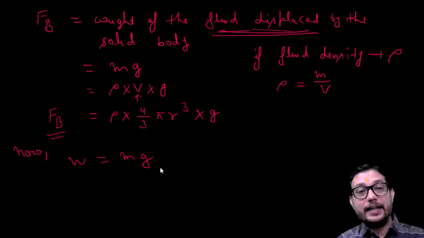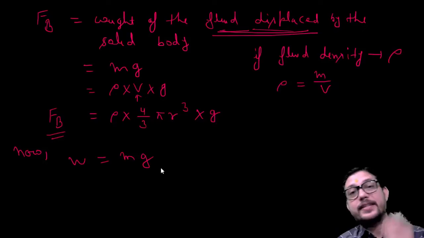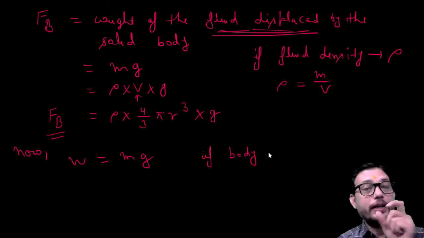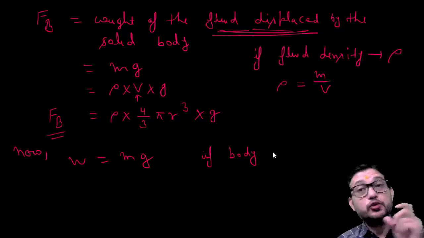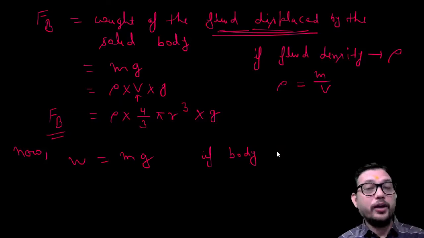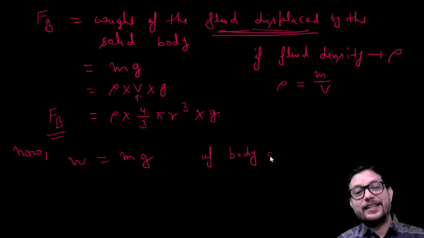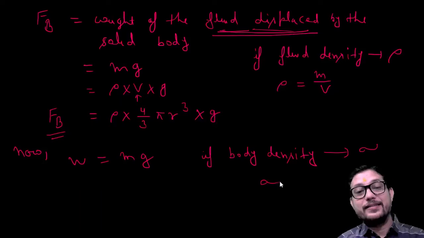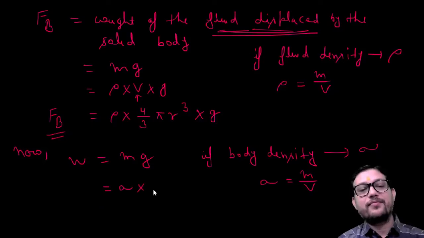Now again I have told you that mass can be written as density into volume. So if body density, it means the solid material which is used to form the body, so if the body density is sigma, we can write sigma equal to mass upon volume, and that will be quite similar to sigma times volume into g.